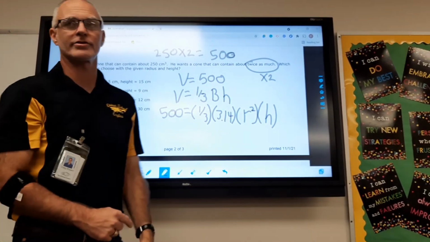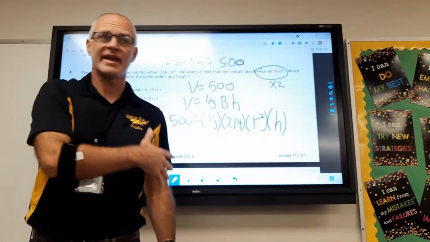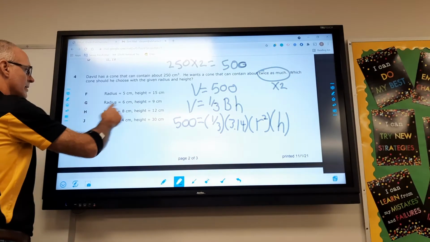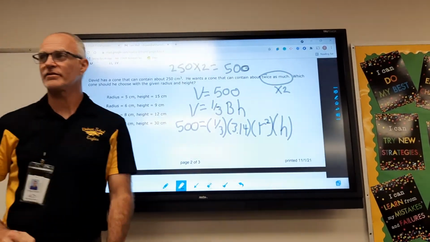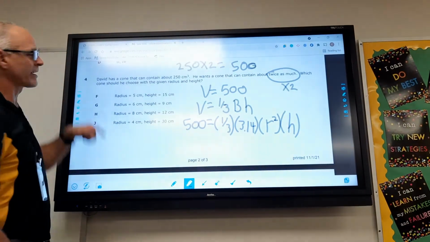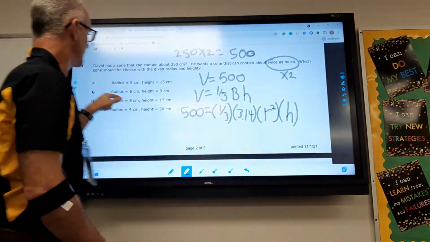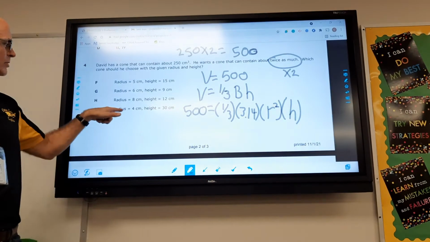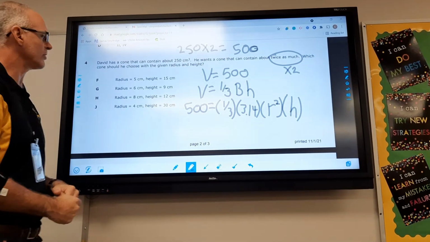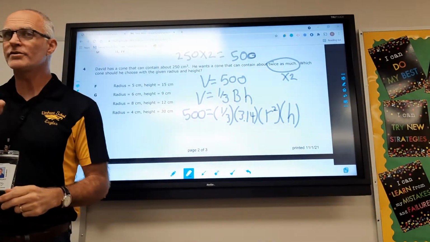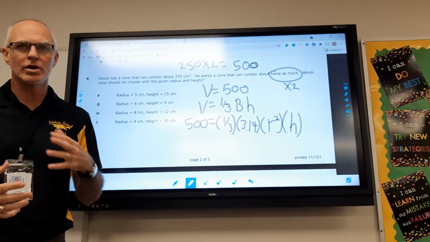One of these works. So what I want you guys to do is calculate using these radius and height combinations. This row, calculate F. Chad's row, calculate G. Melissa's row, calculate H. Eduardo's row, calculate J. Plug in those values for radius and height, and one of those equations will equal close to 500.